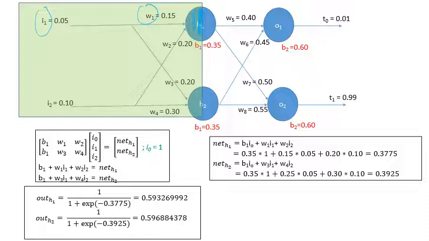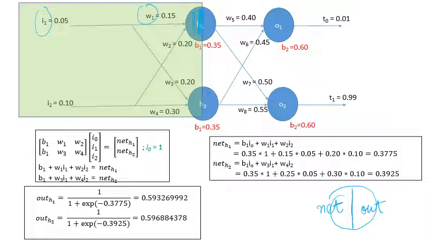Just for the notation purpose, if I have a node, I will say that the input to this node is net. This side of the input I will say net, and this side, what is going out after applying an activation function, which may be sigmoid or tanh.